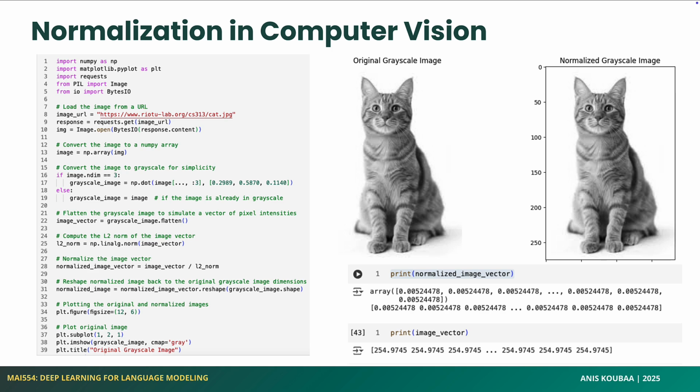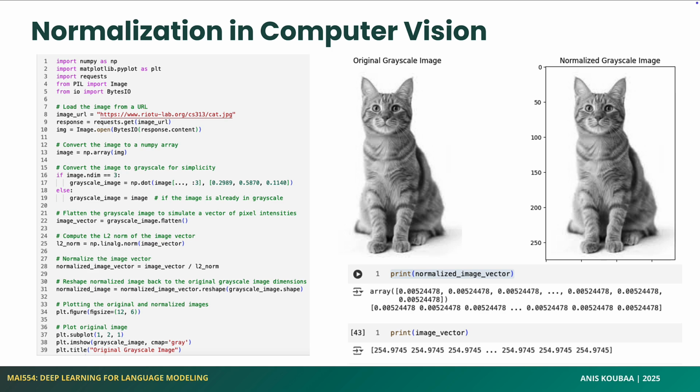We also use normalization in computer vision, because the values of the pixels are usually between 0 and 255. In order to have better and stabilized computational performance, we want values between 0 and 1. One way is to divide by the maximum value, which is max normalization.